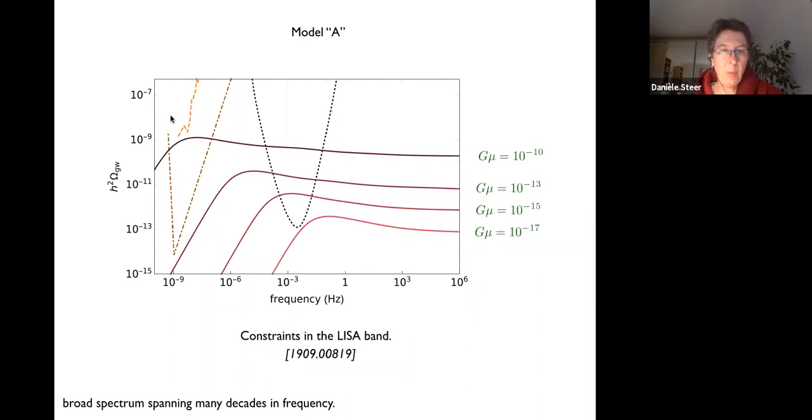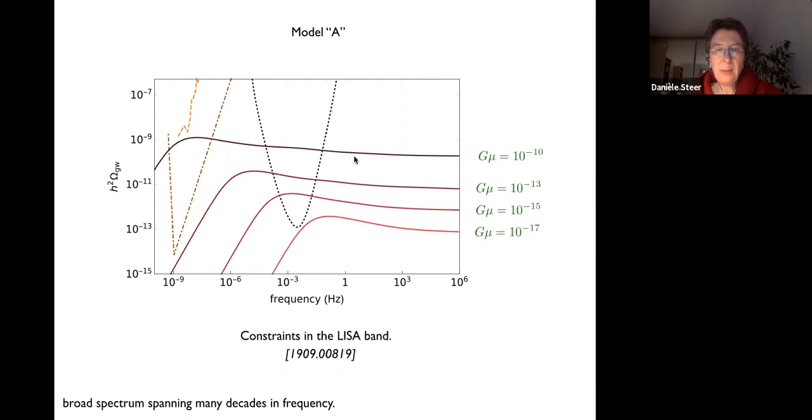Now this plot was generated before the result that I outlined earlier, the nanograv constraint. So let me not talk about it for now. What I want you to take away from this plot is that the lighter the strings, so the smaller the value of G mu, obviously the more the amplitude of the spectrum goes down.